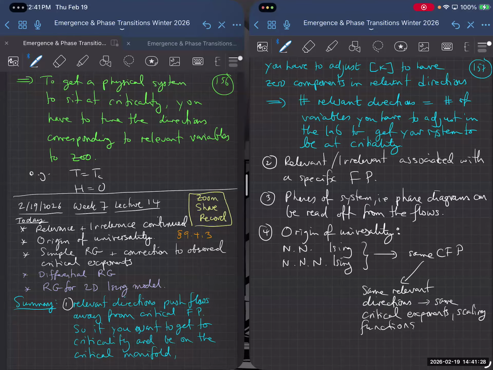And then if I want to read off the phases of the system, they are sinks.